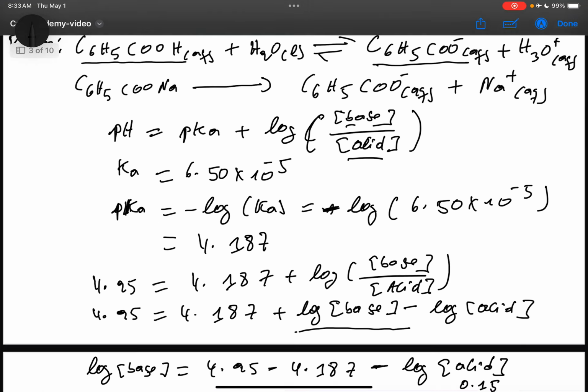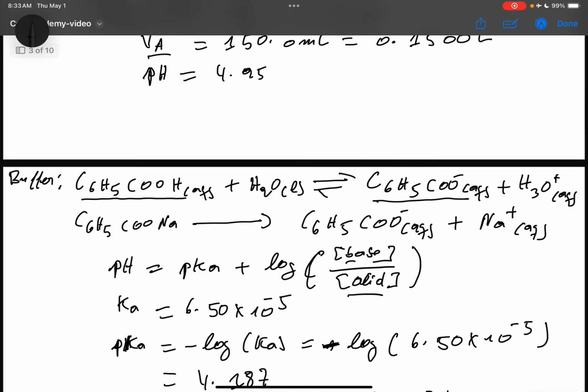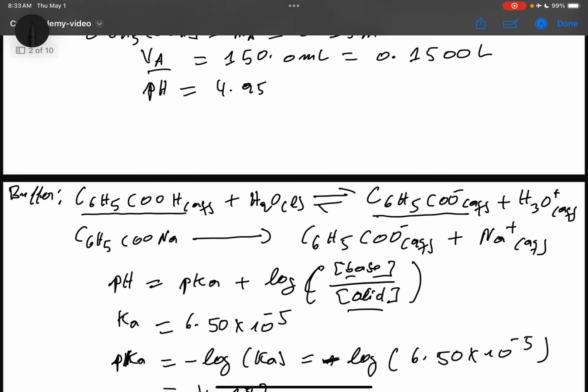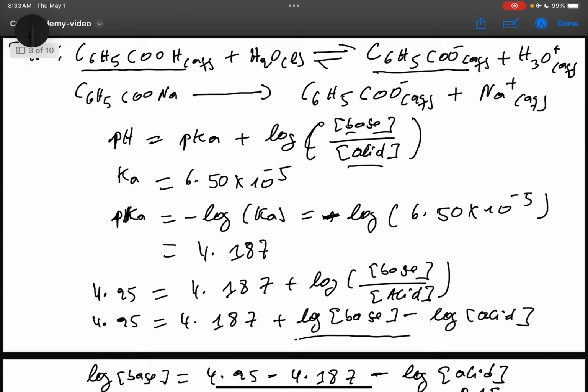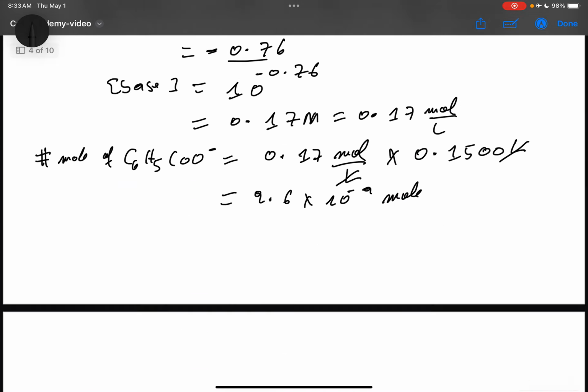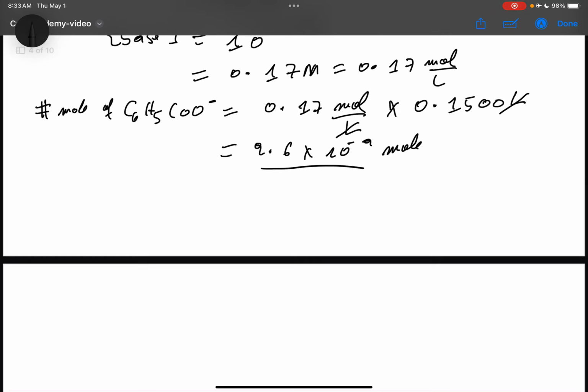Looking at the dissociation equation of sodium benzoate, we have 1 mole of sodium benzoate giving 1 mole of the conjugate base, which means we have the same number of mole of sodium benzoate. The number of mole of C6H5COO is now equal to 2.6 times 10 to the power minus 2 mole.